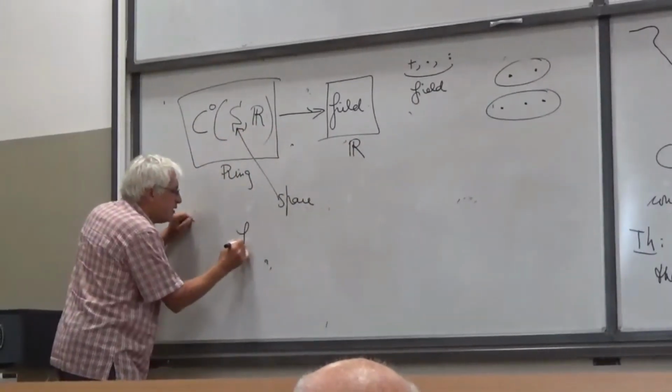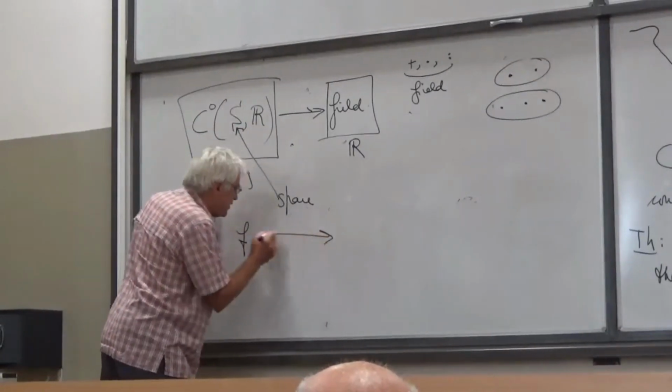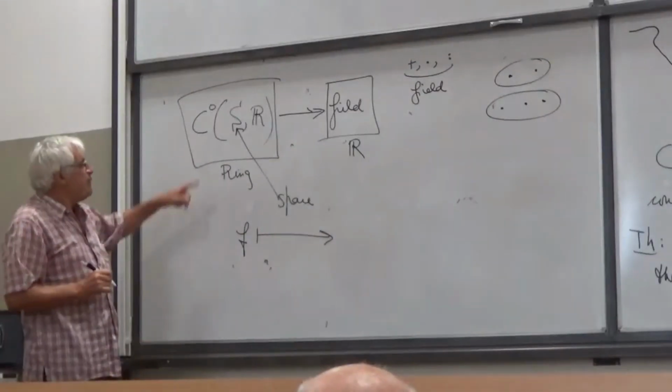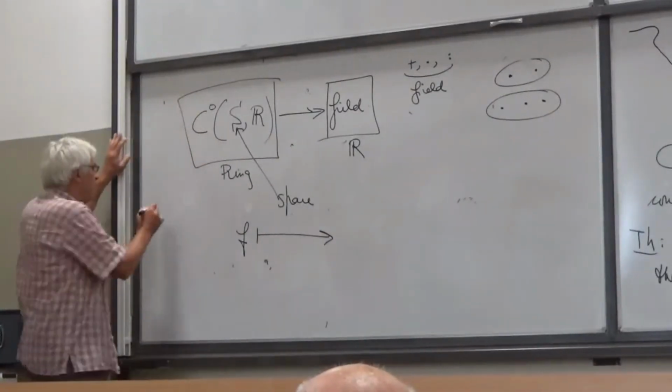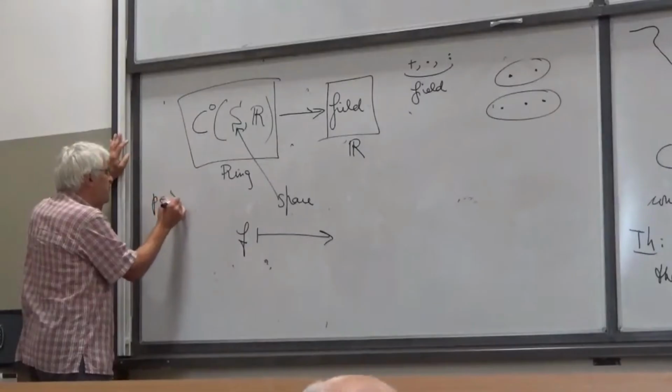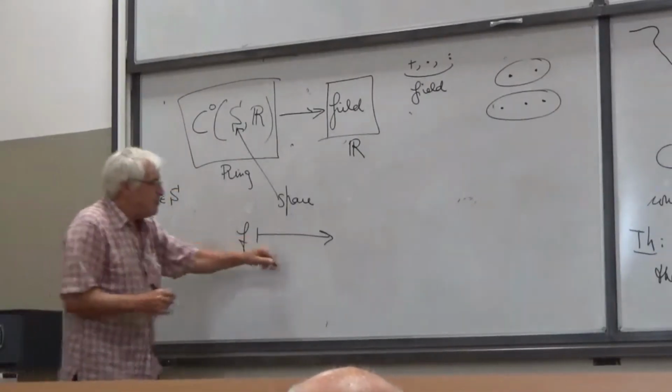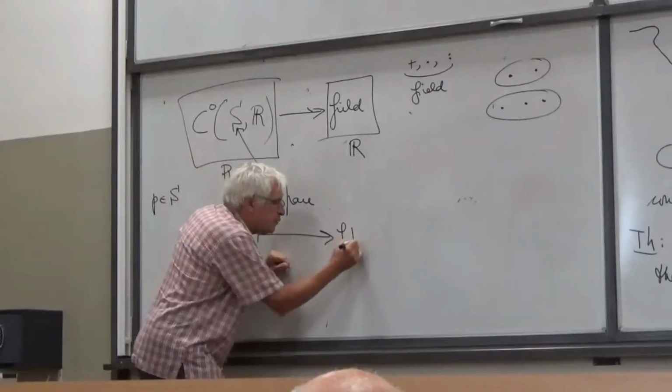If you have a function, you must attach to this a number. Imagine we already know one point in our space. Then the number which you attach is the value of your function at that point.